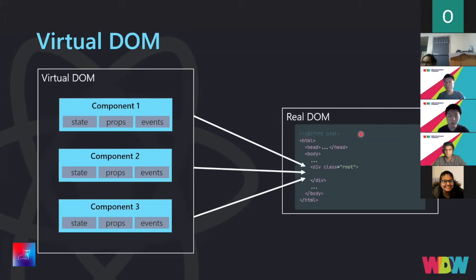But in React, we don't use this real DOM structure because it's quite complicated. When you start dealing with websites with lots of components, you don't want every single tag represented in the tree structure, because that gets very difficult to look at. So instead, we have this virtual DOM, and this virtual DOM has components. So we have component 1, 2, and 3.